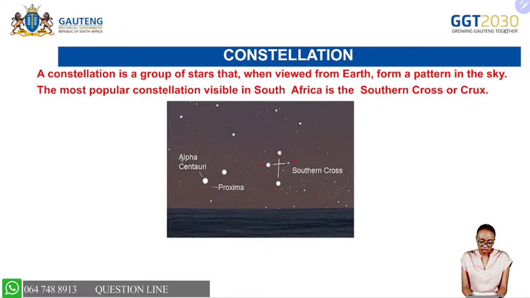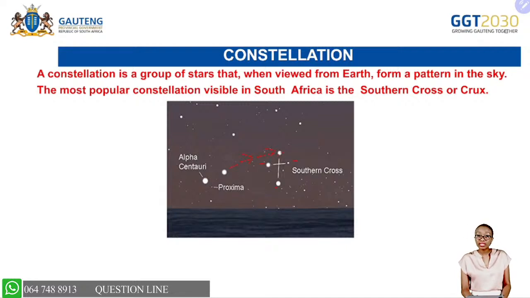We've got the Alpha Centauri and the Proxima. These stars are called the pointers. Why are they called the pointers? They are called the pointers because if you follow this line, they point to the Southern Cross. They are the 2 visible pointers that we can see from Earth.